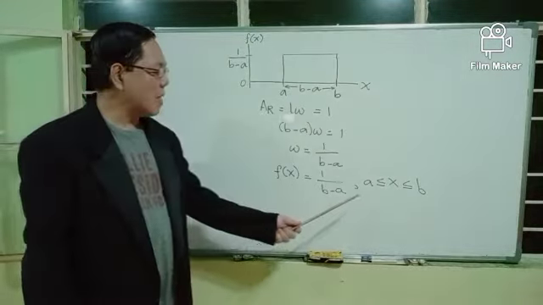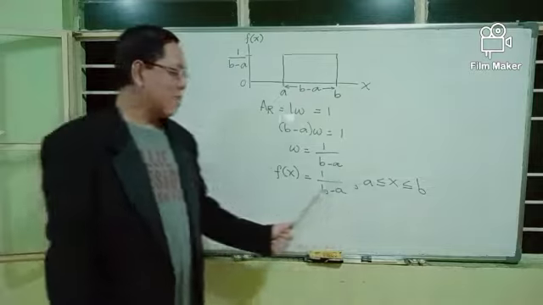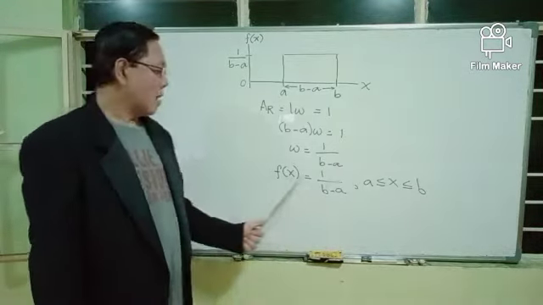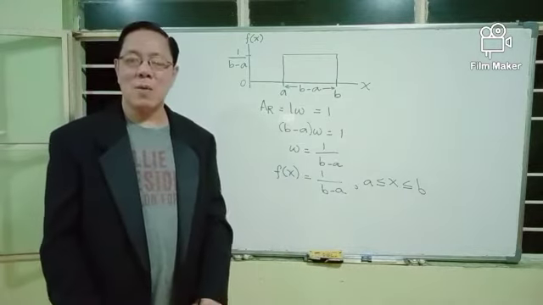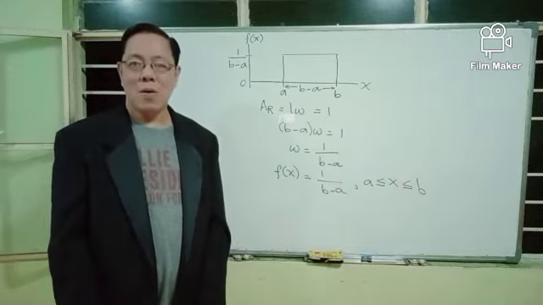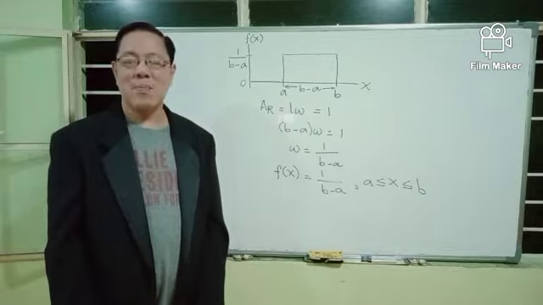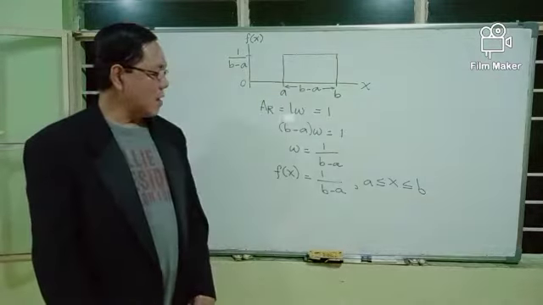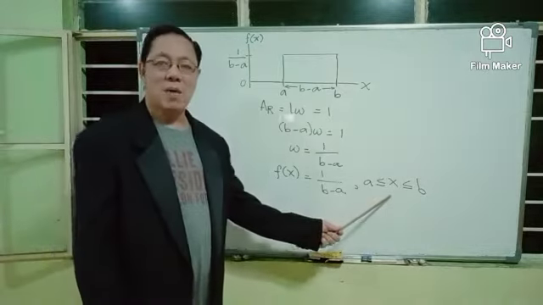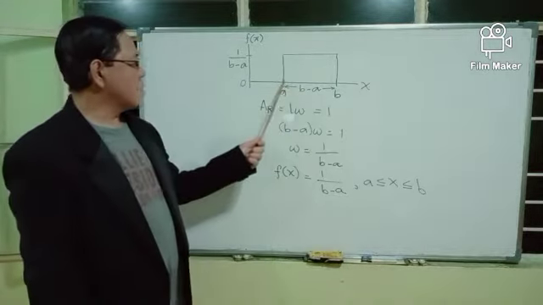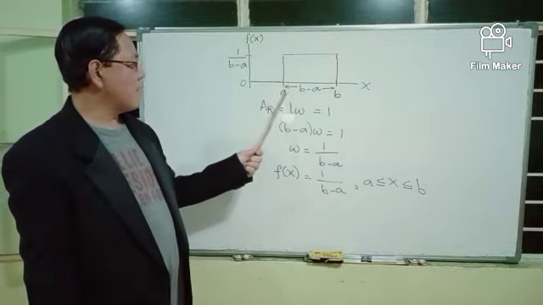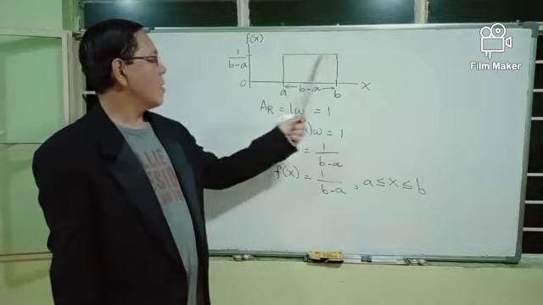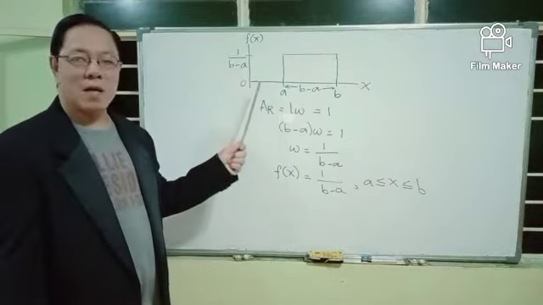That means for any value of x between a and b, the value of the function f of x is always 1 over b minus a. You can see from the diagram that for any value of x between a and b, the value of f of x is always 1 over b minus a.